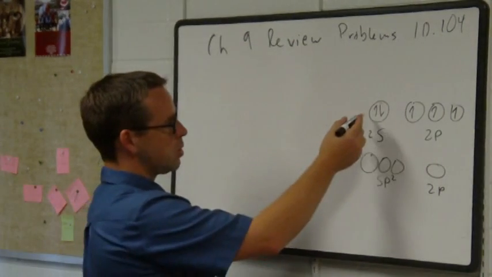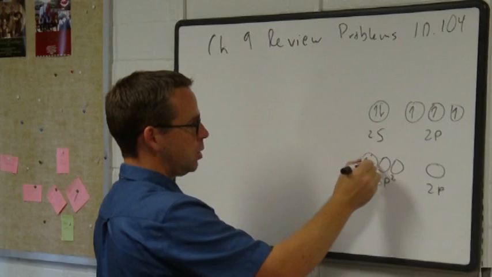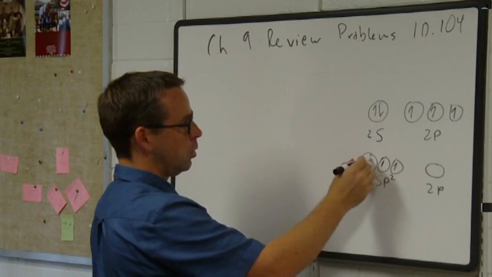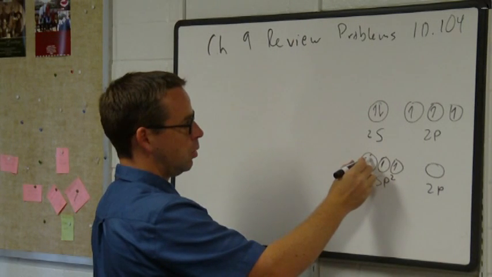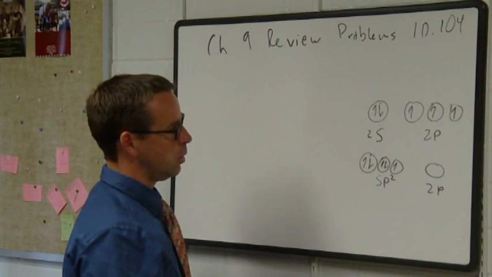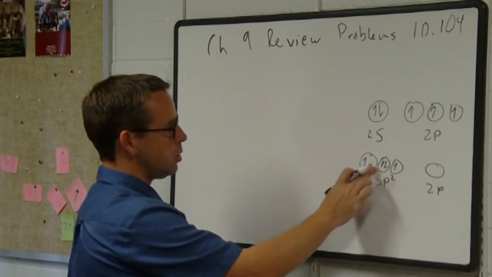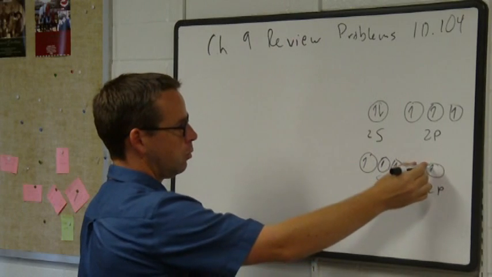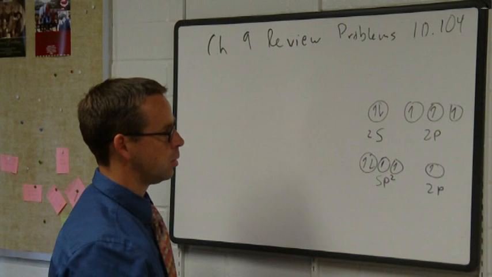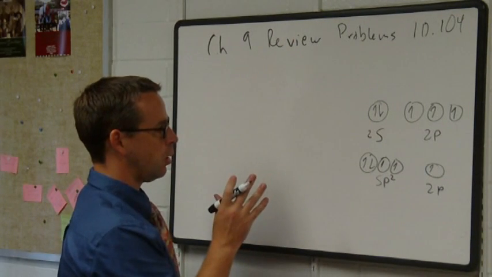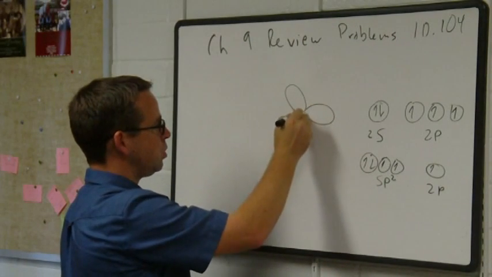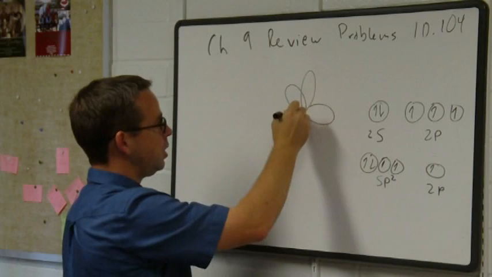So this is going to be 1, 2, 3, 4, 5. And we have our nitrogen atom, and we have three sp2 orbitals, and then we have a 2p here.